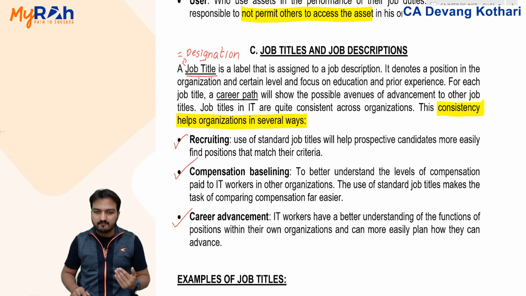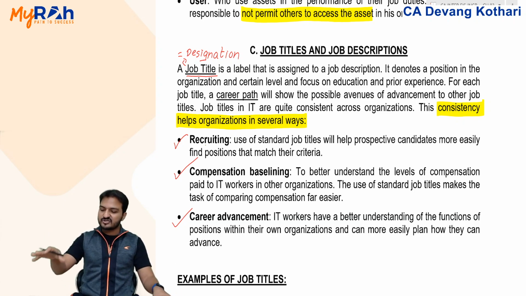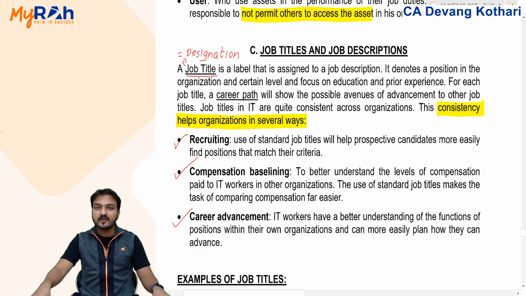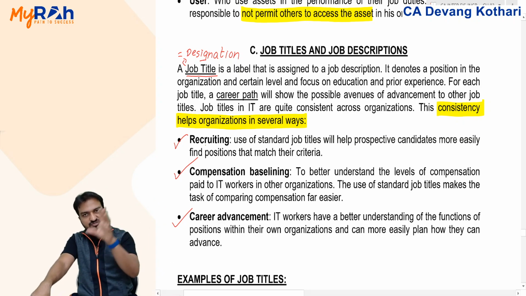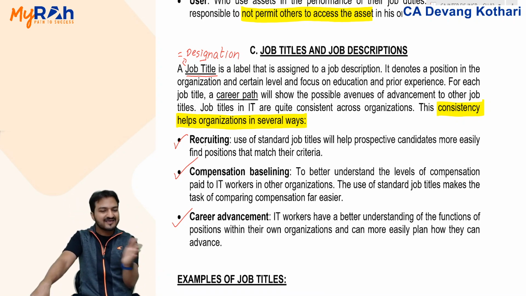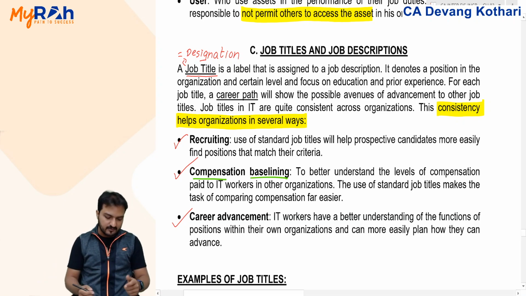Look, I cannot compare the salary of a manager at IDBI with the salary of a manager in PwC, but I can compare the salary of a manager in IDBI with the salary of a manager in ICICI. Because it is the same designation, I can compare the salary. Compensation means salary, baselining means comparing.